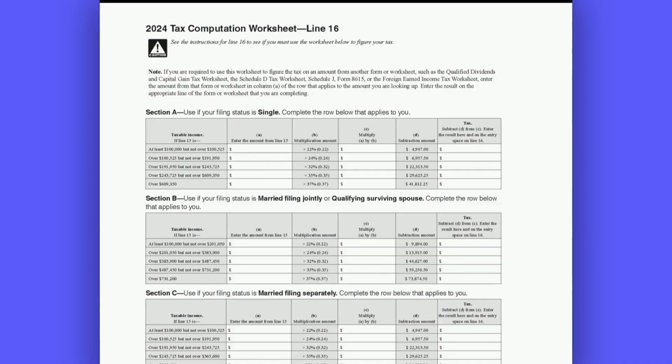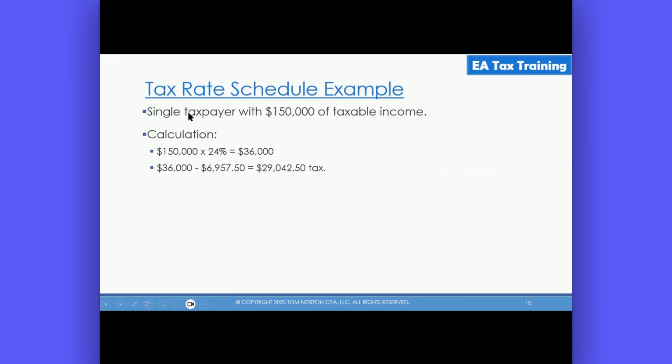So let's just do a quick example just to understand it. You've got a single taxpayer with $150,000 in taxable income. So the calculation is $150,000 times 24%. That equals $36,000. Then you are going to subtract the amount from that schedule, $6,957.50, which leaves us with a tax of $29,042.50.